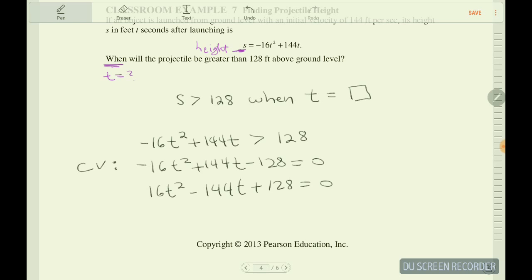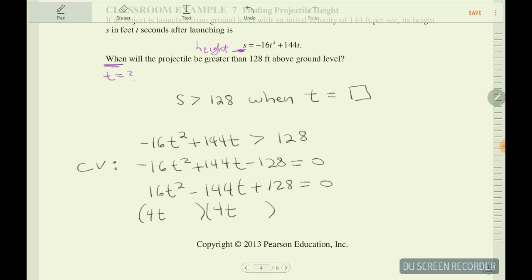Is 128 a perfect square? I don't think it is. No. All right, so then this is not a perfect square trinomial. I can't factor out a common factor of 4. So I'm going to see if I can figure it out this way.